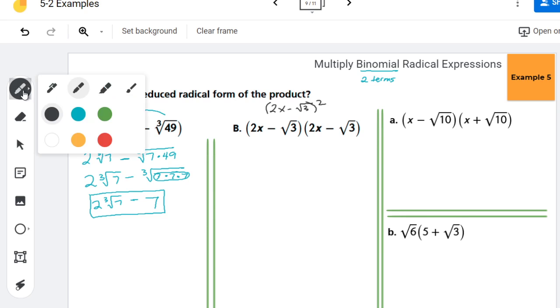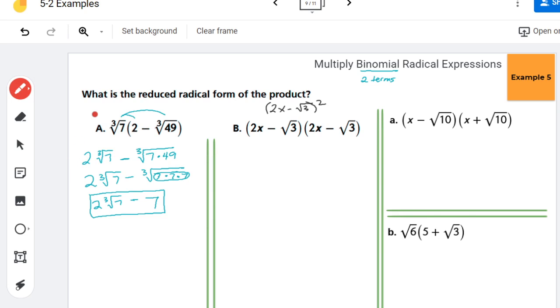Now when we do this, again, we're using the distributive property, but we just do it for each of these terms. So I'm going to take 2x and times it to each of these terms here. So 2x times 2x is 4x squared, and 2x times the negative square root of 3 is negative 2x root 3.